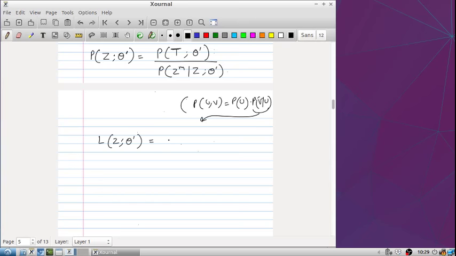This is equal to something else, which I'm going to call L0, the log likelihood of the full data, with the hallucinated ZMs potentially, at parameter theta prime, minus this additional term, which I'm going to call L1, the probability of ZM given Z and theta prime. So all I did is change some notation. There was a ratio, I took log on both sides, and log of A divided by B is log of A minus log of B.